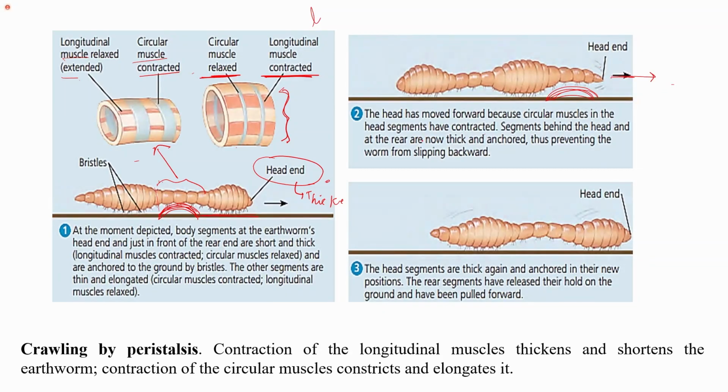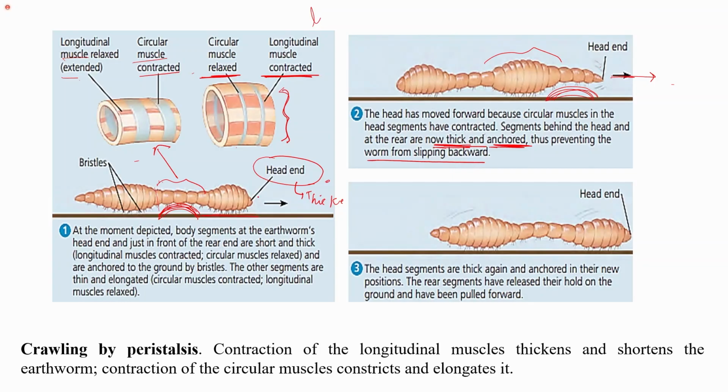Segments behind the head, if this happens, it might lead to slipping. So simultaneously the segment which is behind the head now undergoes circular muscle relaxation and longitudinal muscle contraction, therefore resulting in the thick segment formation that is anchored to the land, thus preventing the worm from slipping backward.